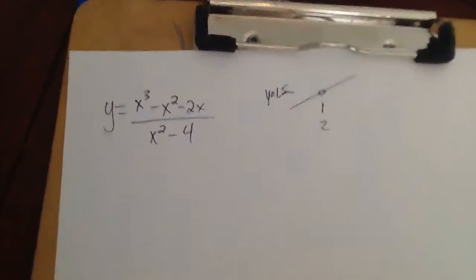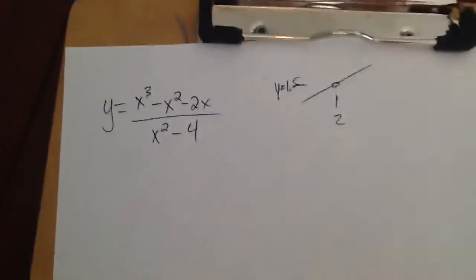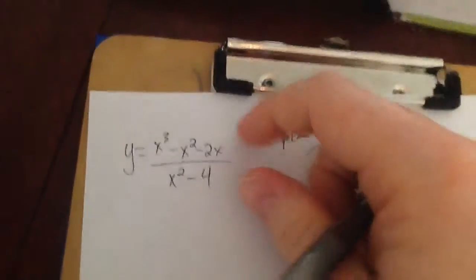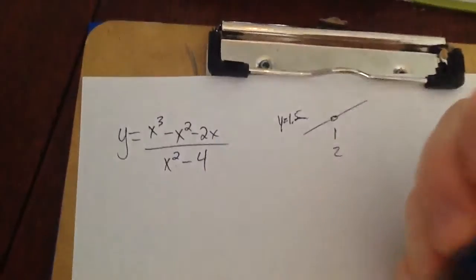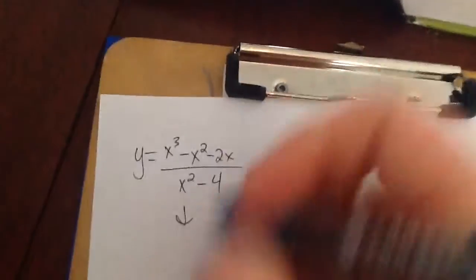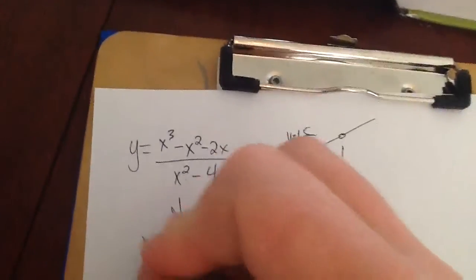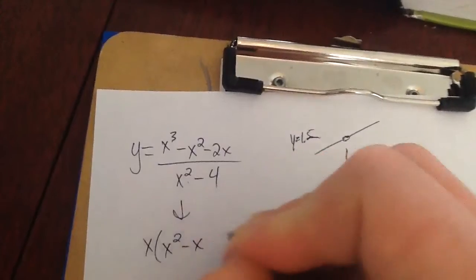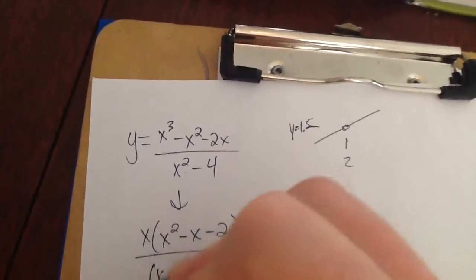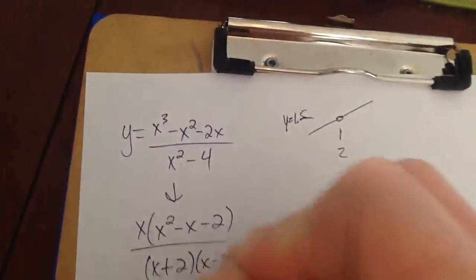And that actually is going to be the answer, but there's yet another way to do it if we just look at the function. If we can factor these and cancel out some stuff, we'll see if we can get that. Factoring the top, they all have an x in common, so I'll pull an x, and I'll have x squared minus x minus 2. Bottom, difference of two squares, x plus 2, x minus 2.